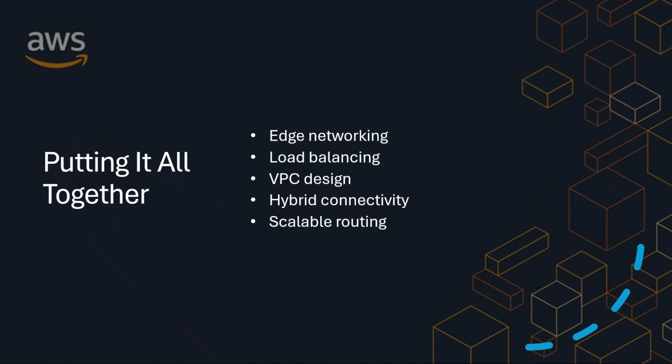High-performing network architectures combine multiple AWS services to deliver low latency, high throughput, and global scalability. Edge networking improves speed, scalable load balancers distribute the traffic efficiently, subnet tiering enhances security and performance, and hybrid connectivity integrates on-prem workloads smoothly. Designing a scalable architecture means understanding AWS building blocks and combining them effectively for your workload needs.